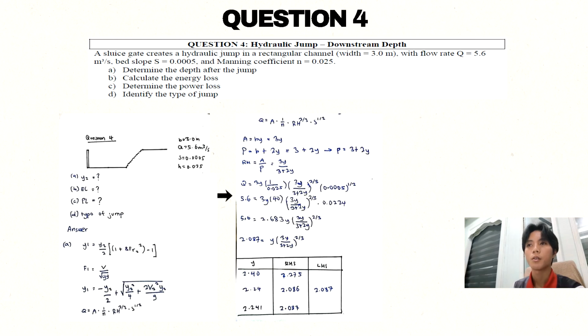By putting all the amounts in the formula, we will put the answer to determine by using the trial and error table, which we can get the depth after the jump y equals 2.241 meters.